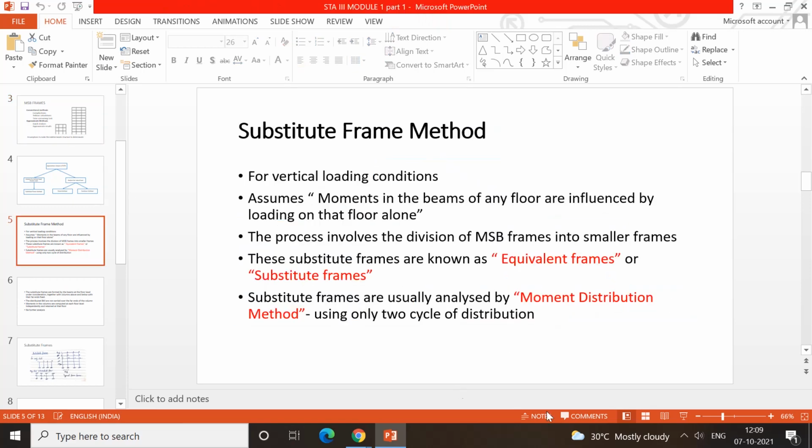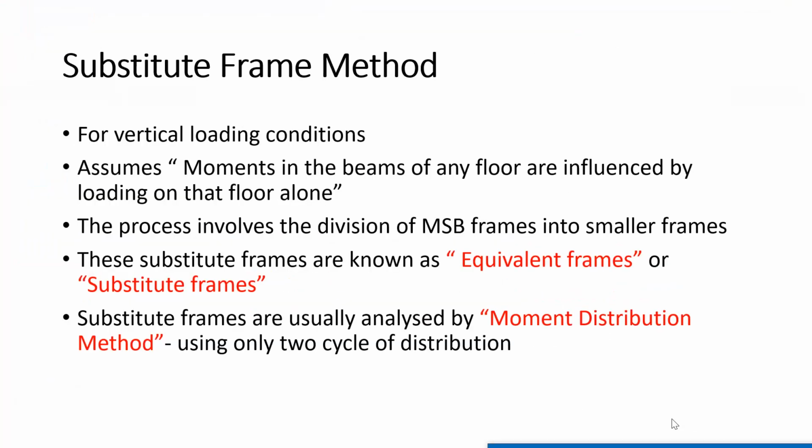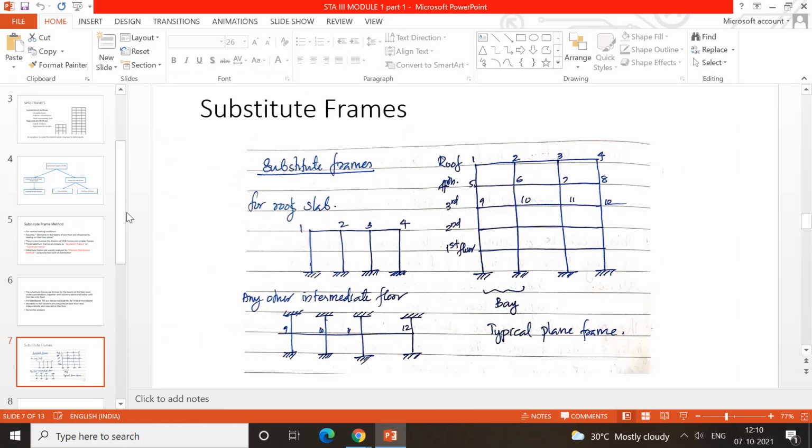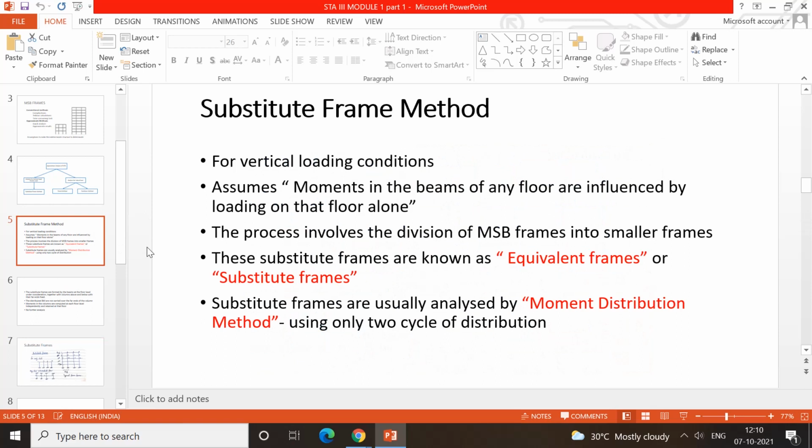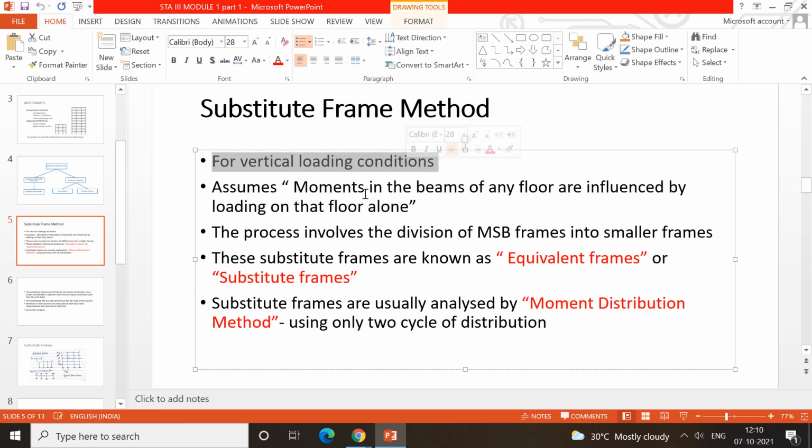Then next is the substitute frame method. In the substitute frame method, we have to formulate a substitute frame. The substitute frame method is used for vertical loading conditions, and it assumes the moments in the beams of any floor are influenced by the loading on that floor alone.